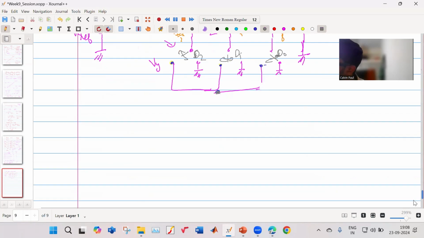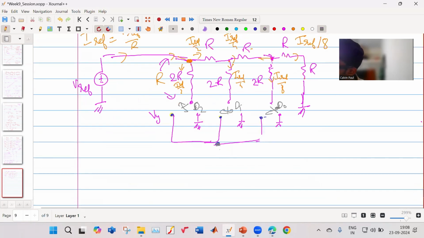So how do we connect it to ground? We connect it over here. And this we will connect. This is an R, or some R1. And this is your V out.